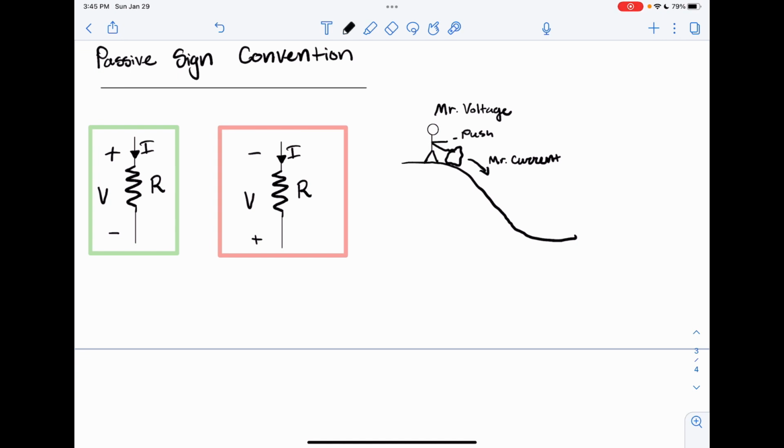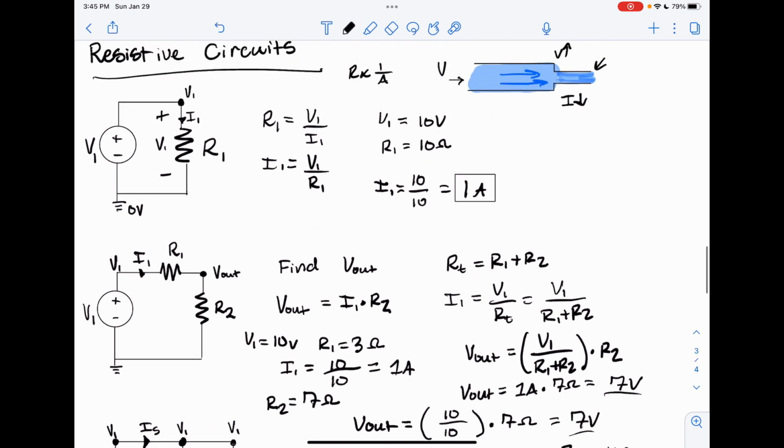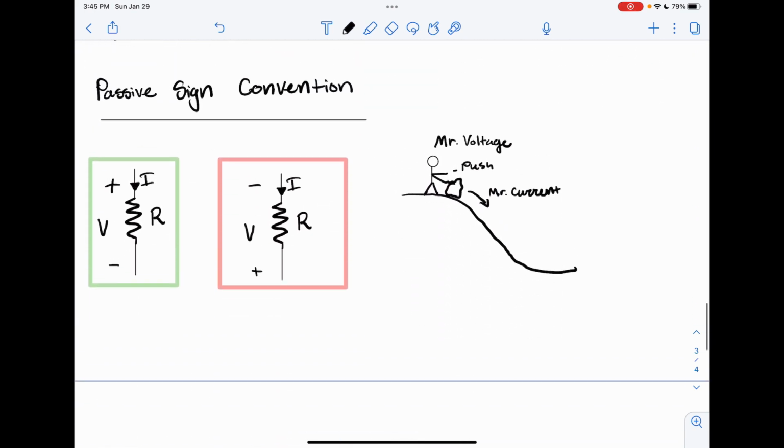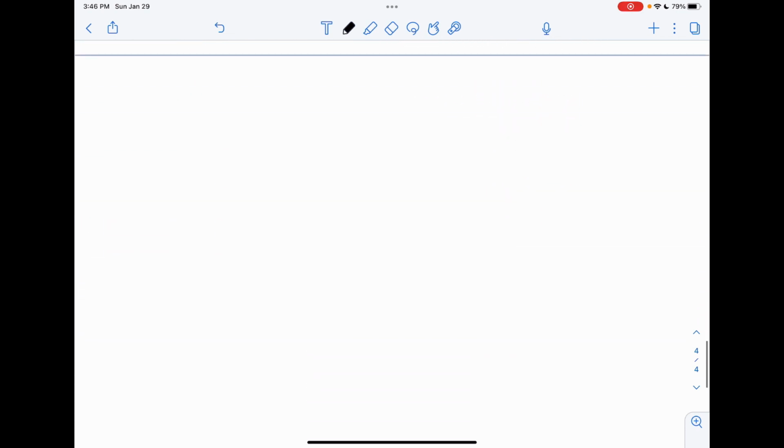So next time, we'll start learning a couple of new tricks for how we can make our circuit analysis lives easier. But for the time being, this is all I have for you for the first lecture video. Next time, I'll go ahead and write it out here so I don't forget what I have planned to do. We're going to go over resistor simplification.